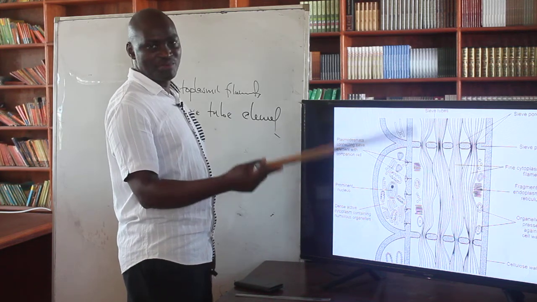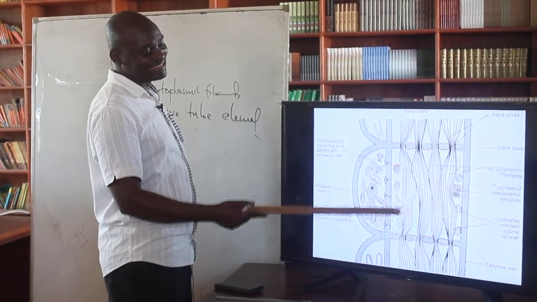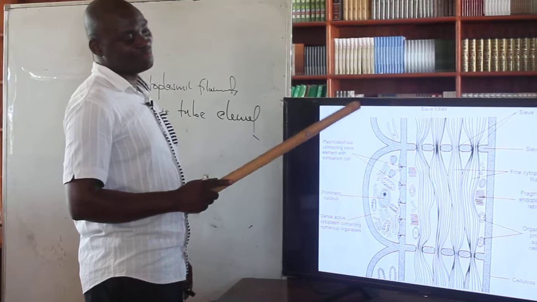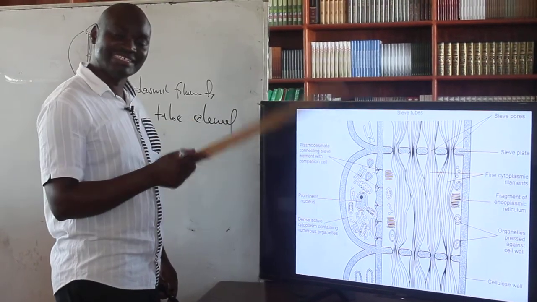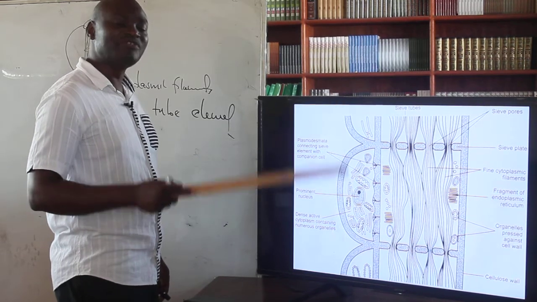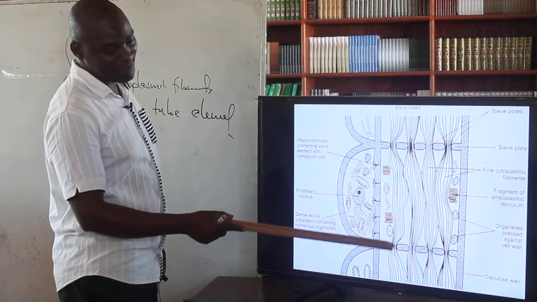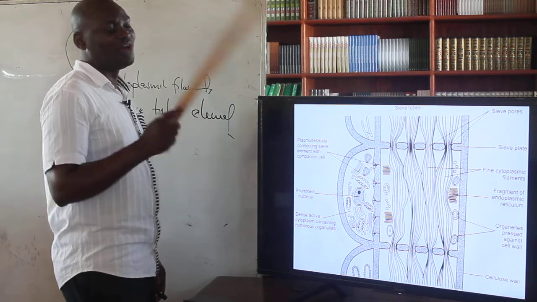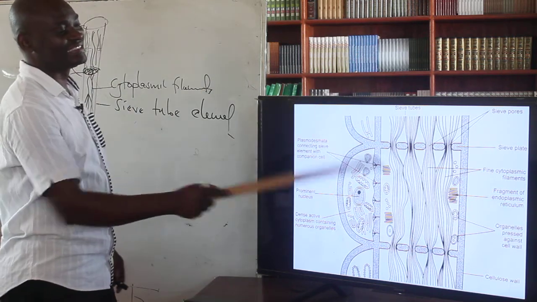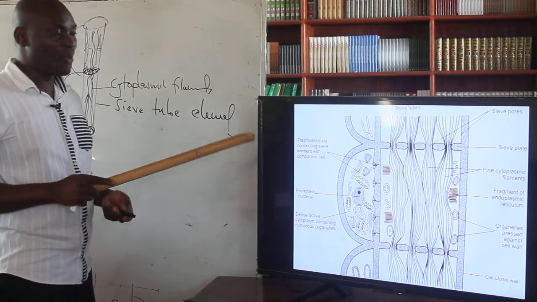Normally food materials flow over these threads. The food that is translocated is in the form of a solution. So it will flow downward smoothly over the what? Over these cytoplasmic filaments. That is one adaptation.